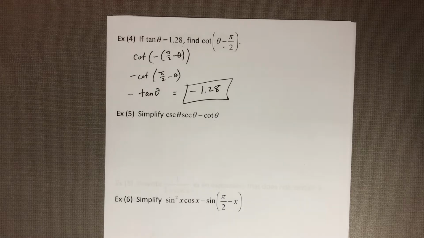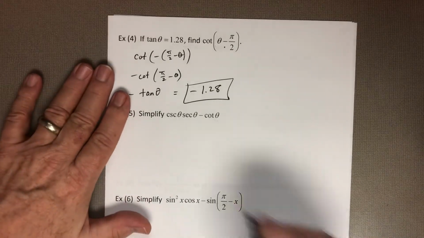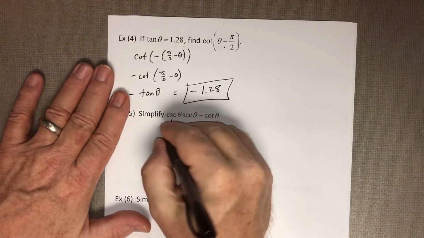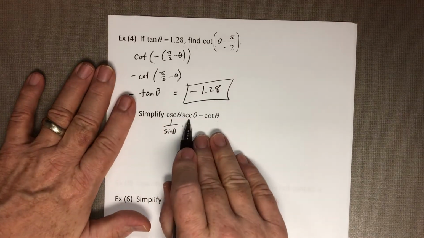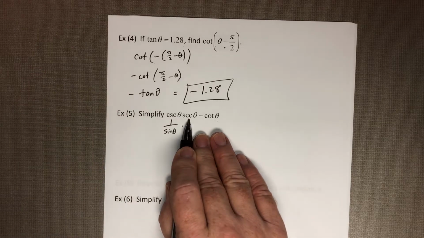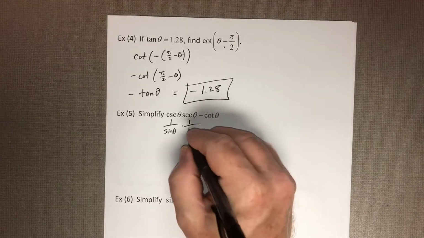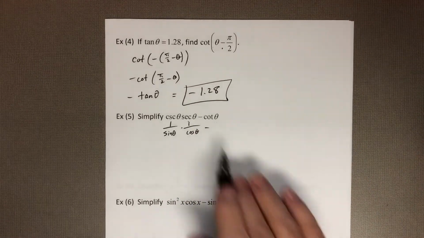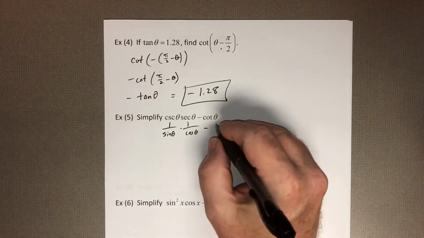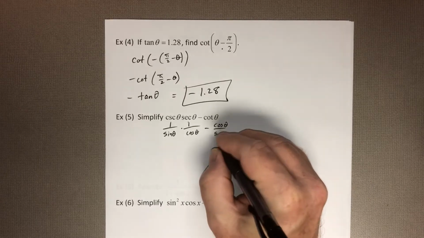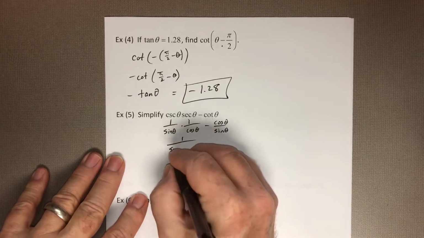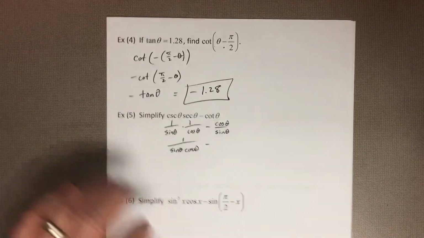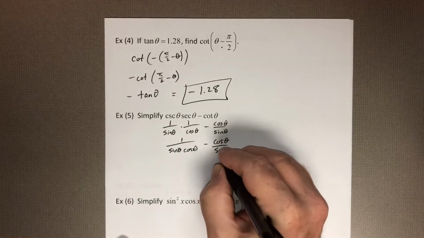Well, each of those are reciprocal functions, so I'm going to use the reciprocal function identities and rewrite the cosecant of theta as 1 over the sine of theta, times, I'm going to rewrite the secant of theta as 1 over the cosine of theta, minus, and then I'm going to rewrite the cotangent of theta as the cosine of theta divided by the sine of theta.